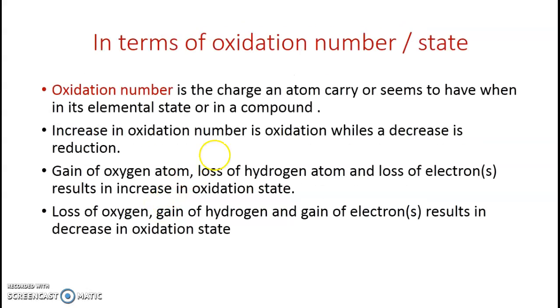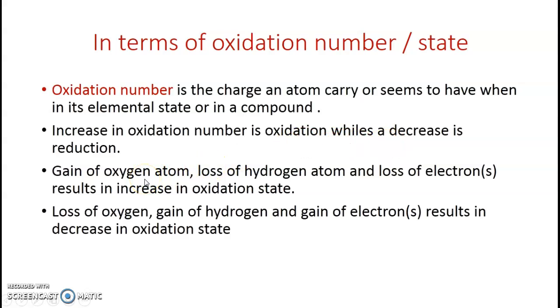Then we can also describe oxidation and reduction in terms of oxidation numbers. An oxidation number is the charge that an atom carries or seems to have, either in the elemental state or in compound form. So when your oxidation number increases, we say you have undergone oxidation, whilst a decrease is reduction.